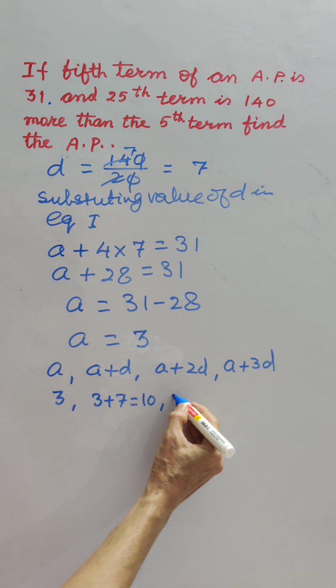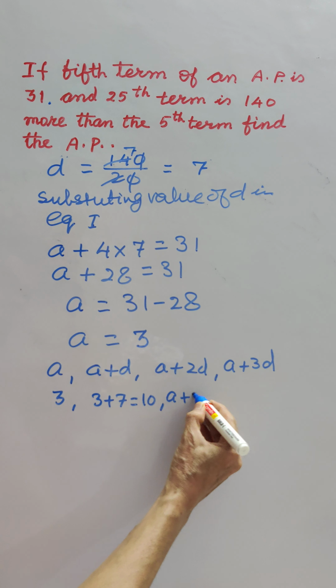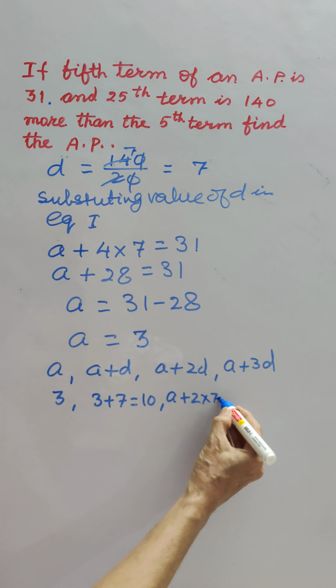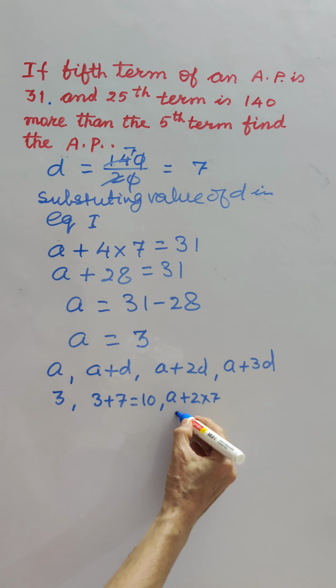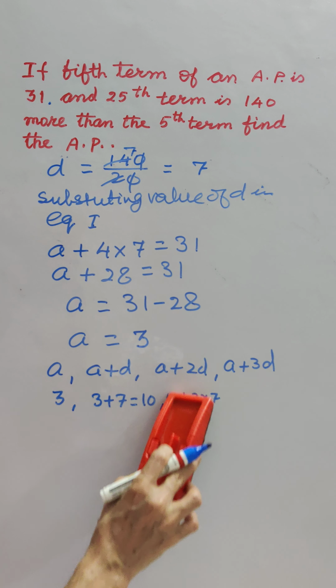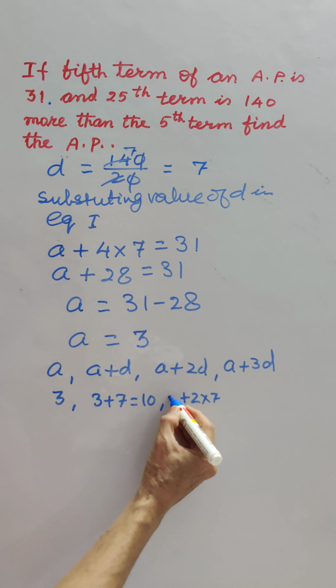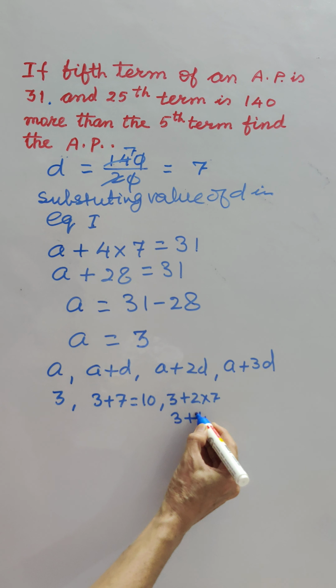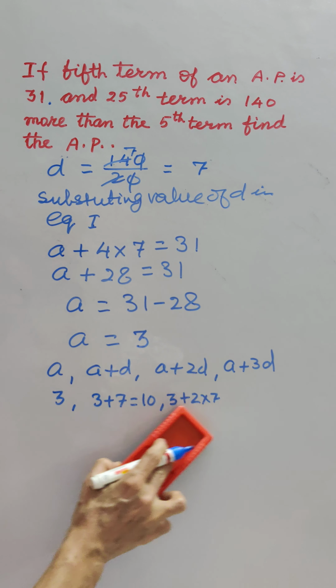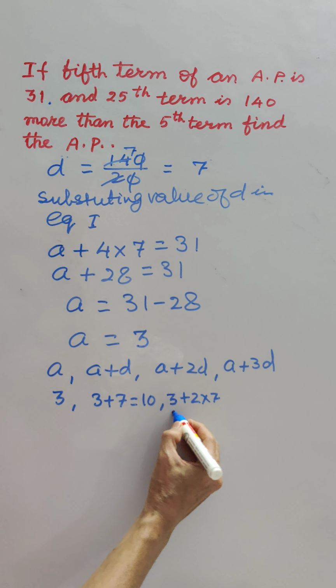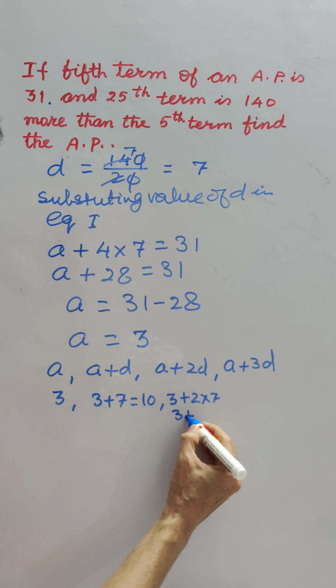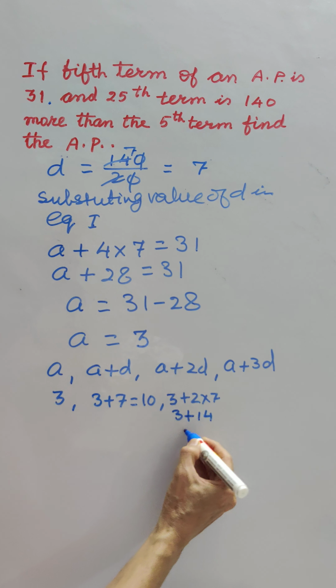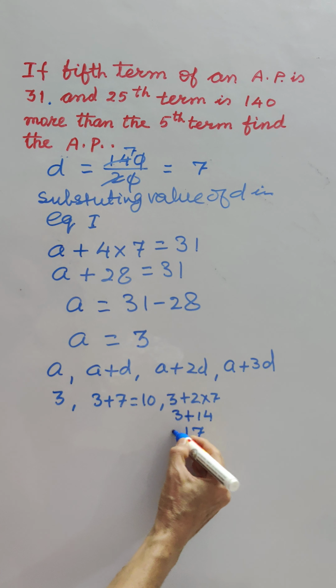And third term is a plus 2d, 2 into 7, so that is 3 plus 14, means 17.